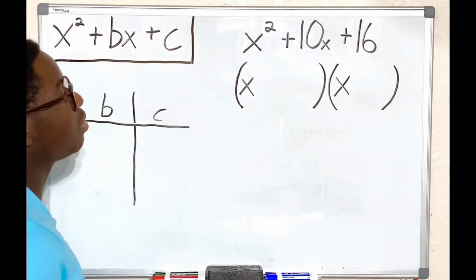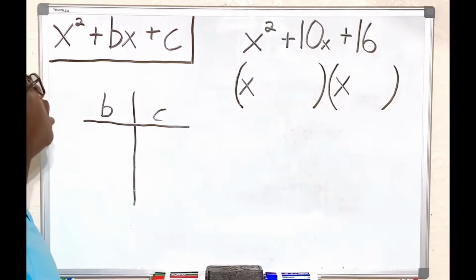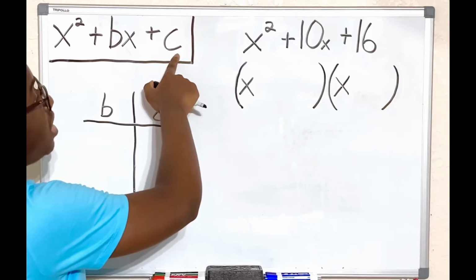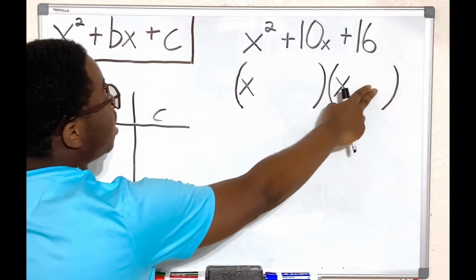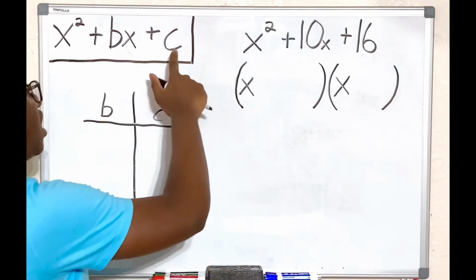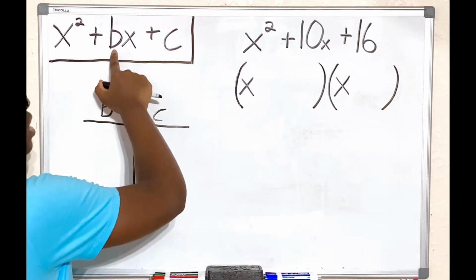Now we go to bx plus c, which here is represented as 10x plus 16. We have to solve this together because b and c work hand in hand. Whenever you're trying to find what is going to be in this factored form, we're looking at what two numbers will multiply to give us c, and those same two numbers have to add to give us b.